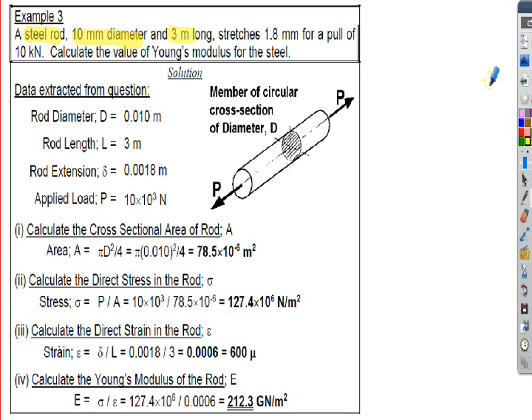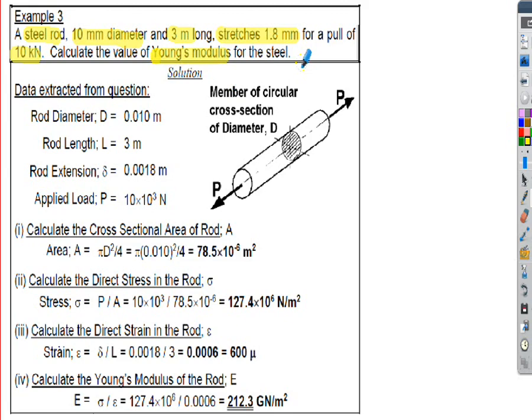So we'll have to make a decision as to what units we're going to use, millimeters or meters. We're told that it stretches 1.8 millimeters, so that's an extension in this case, and we're told that the pull, the force applied, is 10 kilonewtons. We've got to calculate in this particular question the Young's modulus or the elastic modulus for the steel rod here.